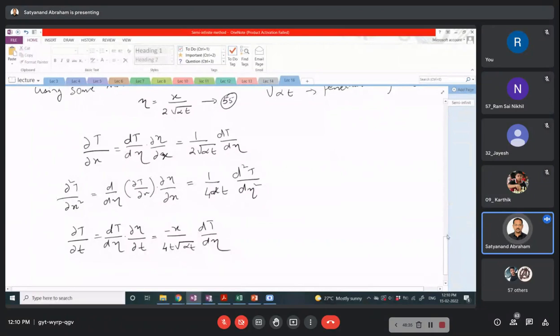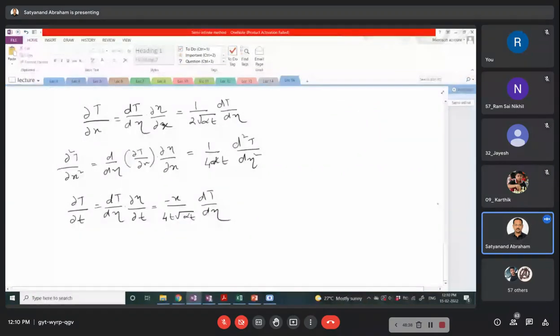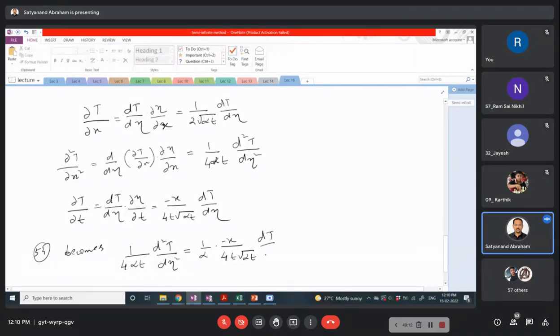Yeah. So now our equation converts to, equation 54 becomes what? Now we need to put all these terms into that. So here (1/4αt) d²T/dη² is equal to (1/α) into (−x/(4t√(αt))) into dT/dη.